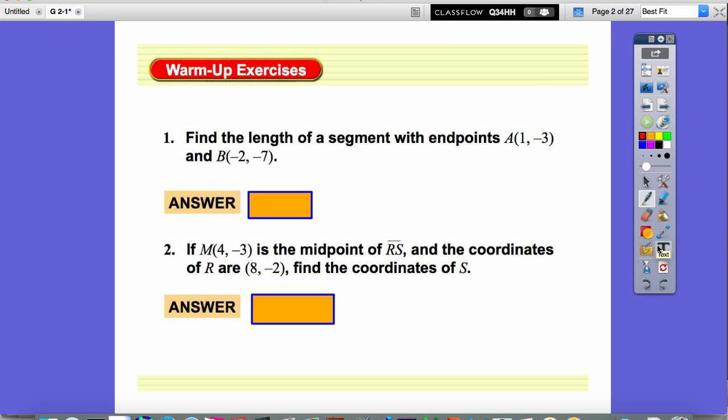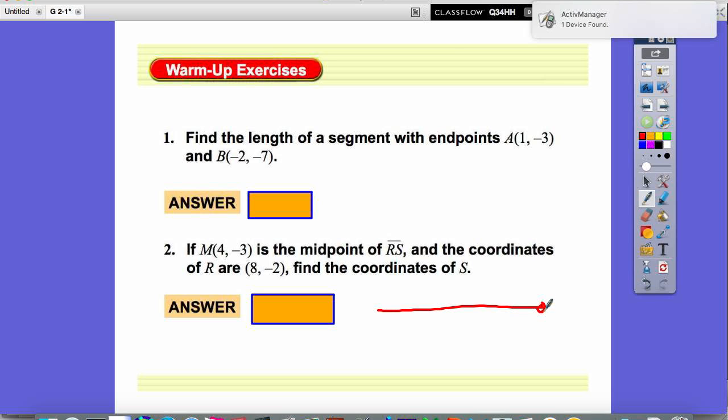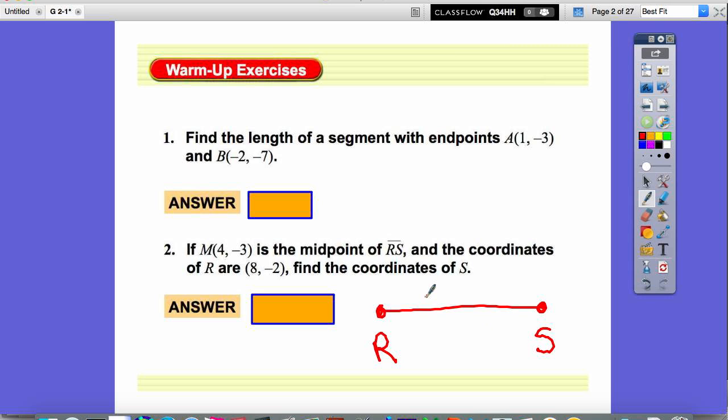So we have R, we want to find S. M is the midpoint. You can use the formula, or at this point, as we're getting more used to it, if I go from 8 to 4, that is a change in X of -4.